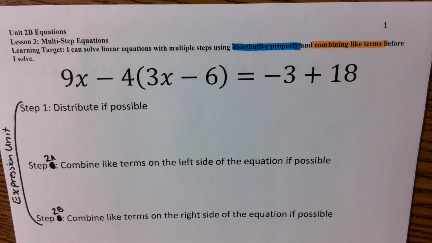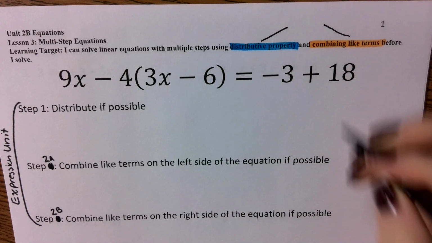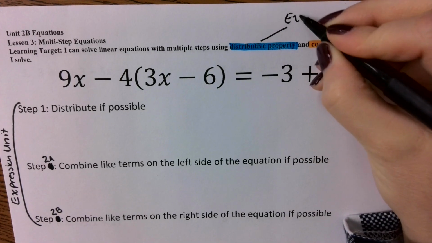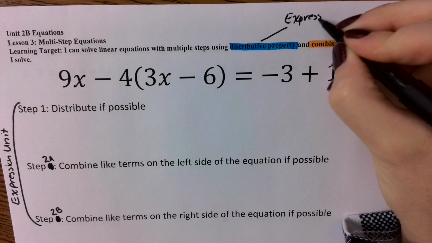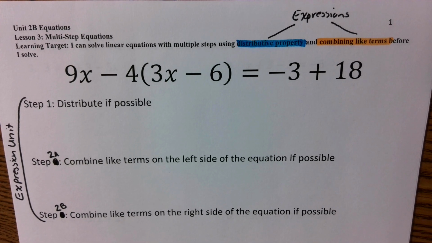So again, these two things, this distributive property and this combining like terms, that's what we've been doing all the time in our expressions unit. When we were in expressions, we were working on distributing by multiplying what's on the outside to what was on the inside. And then we were combining any like terms.